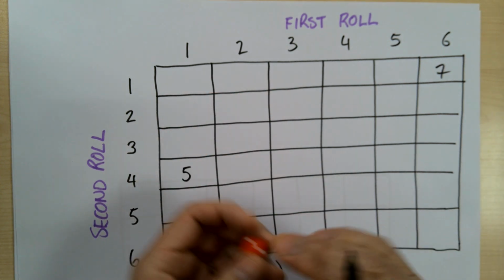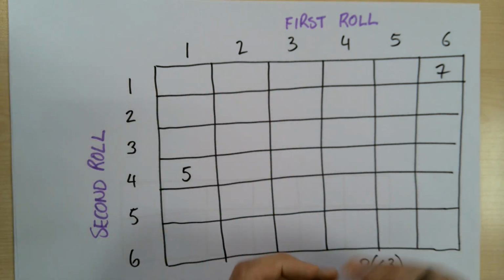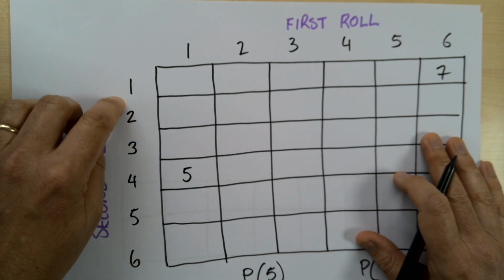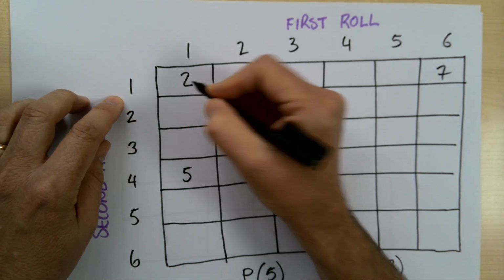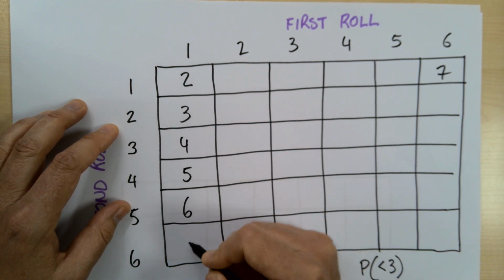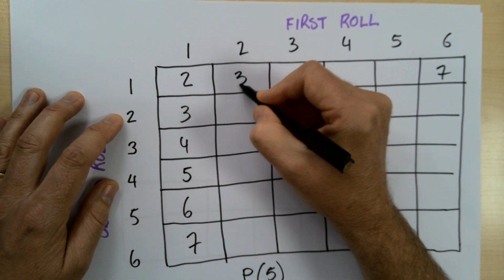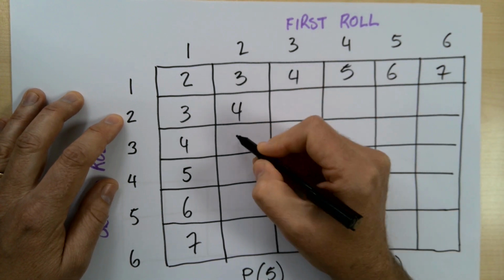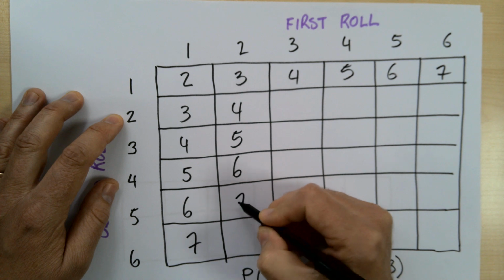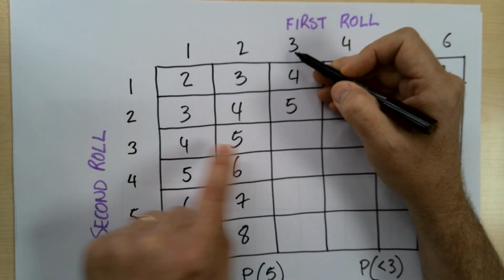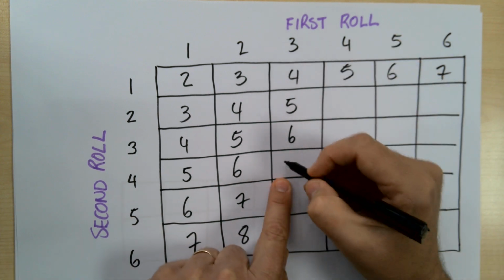So we don't have to sit there and keep rolling this to figure it out. We can just fill in the table theoretically. If I get a 1 there and a 1 there, well, that's 2, 3, 4, 5, 6, 7. And you can see the pattern, it gets pretty straightforward. We just fill it in like this, because that's what's happening. 3 plus 3 is 6, 3 plus 4 is 7.